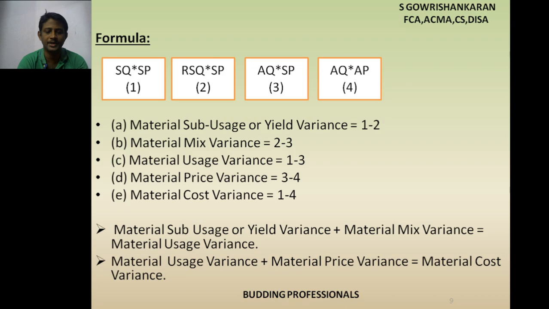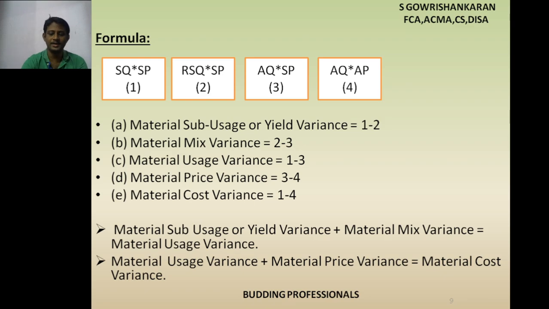As I said, material usage variance plus material price variance equal to material cost variance. Now I will show you that. This is what I said, correct? This is what is given in the formula.